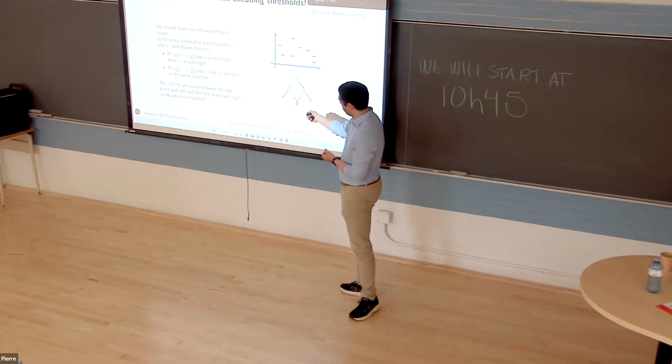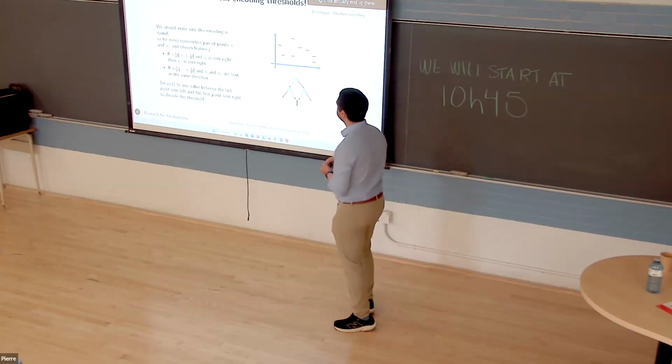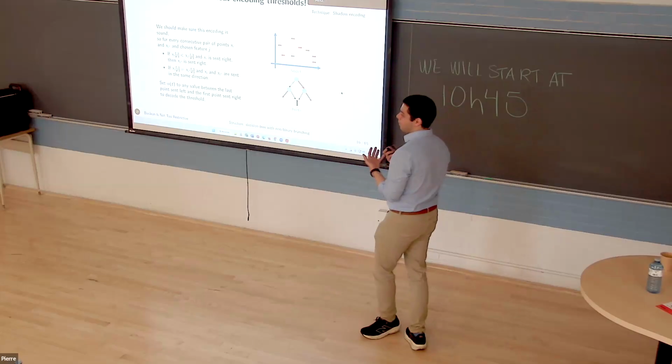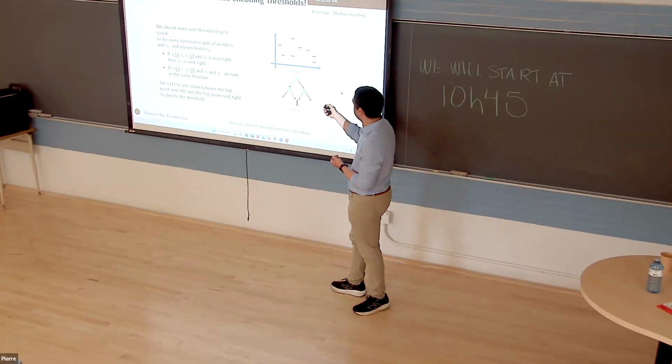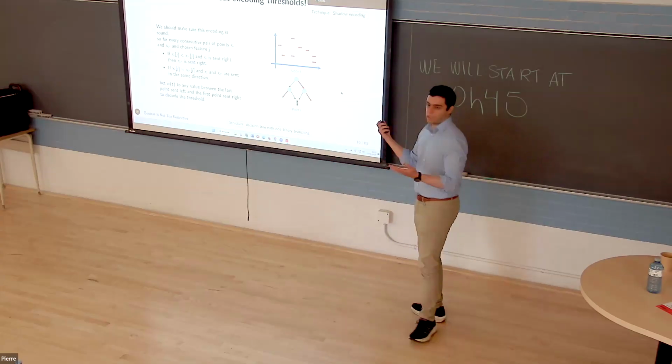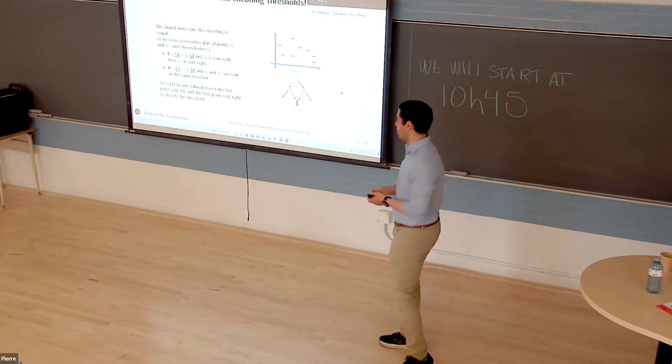Even if the point might not actually end up there, we still encode where it goes. And of course, we need to have well-formedness constraints as well, because we cannot have, for example, this one go to the left because the previous one is going to the right. So we encode those things as well, and that's basically how we encode the numerical thresholds.